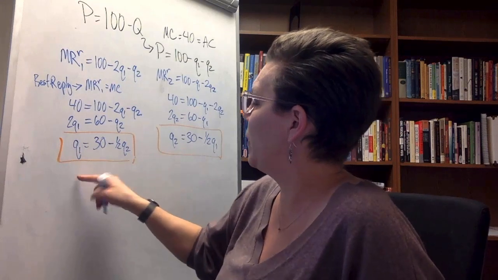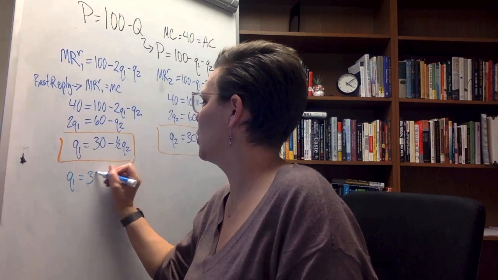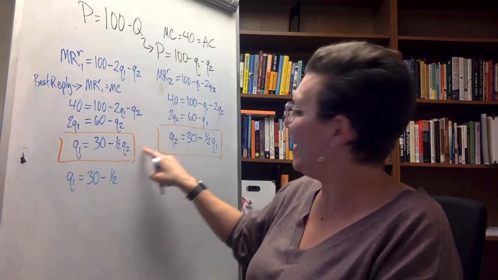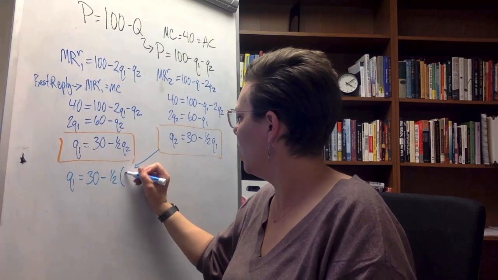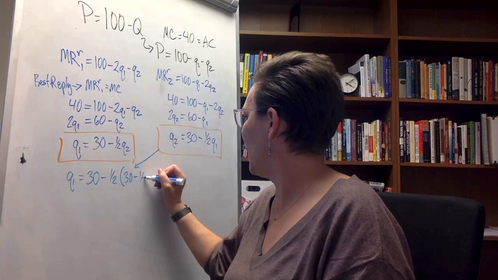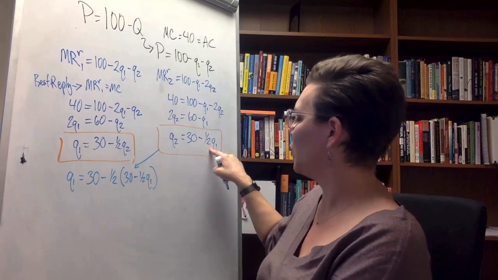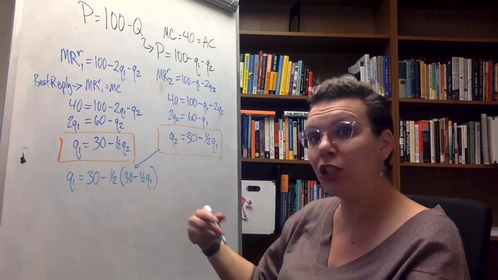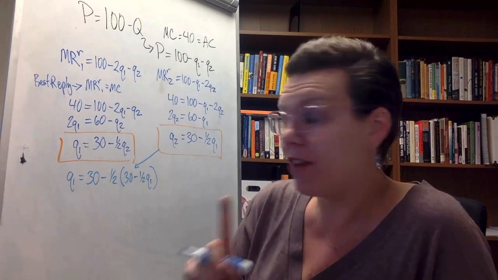So I can take this best reply function, Q1 equals 30 minus 1/2, and then for Q2, insert this best reply function, 30 minus 1/2 Q1, because Q2 is equal to 30 minus 1/2 Q1. And now I have Q1 on both sides, so I can solve for what Q1 is equal to and get the profit maximizing quantity for that first firm.